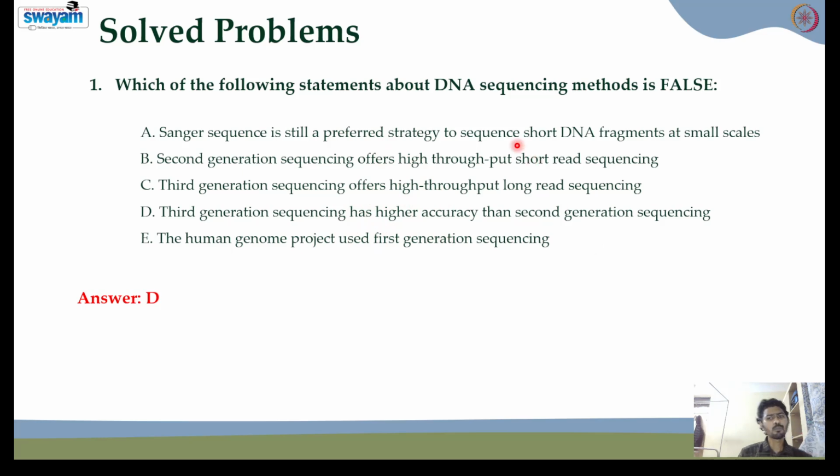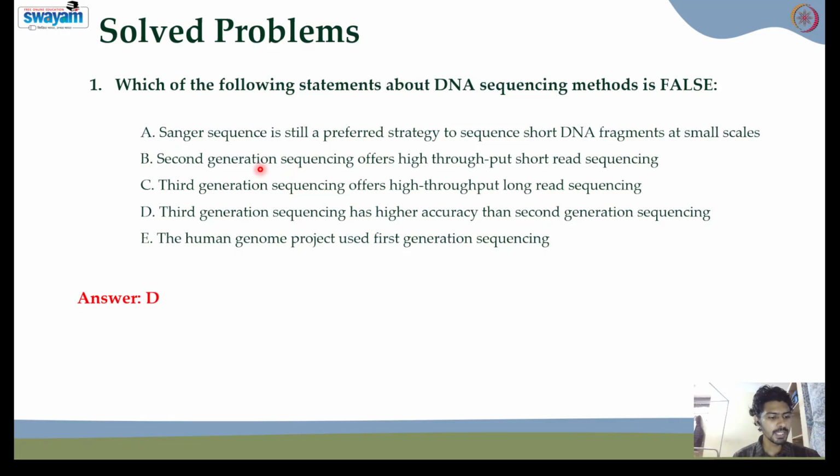And now we will see why the other options are true. Sanger sequencing is highly accurate, especially for short fragments, and till now it remains a gold standard technique for DNA sequencing. That's why option A is correct.